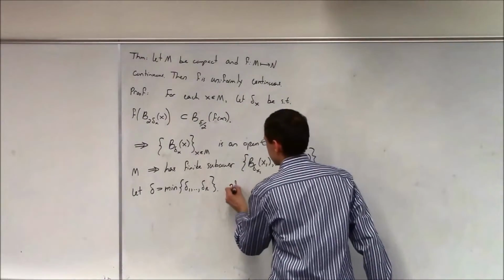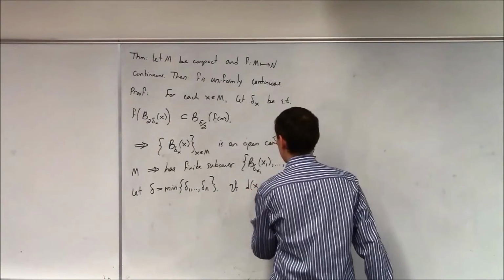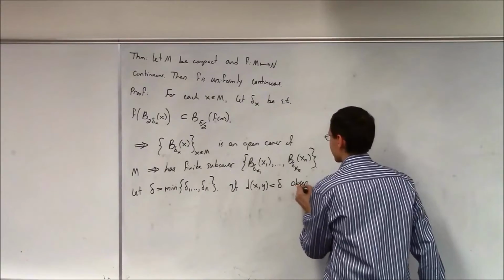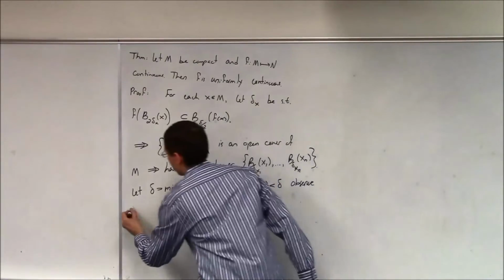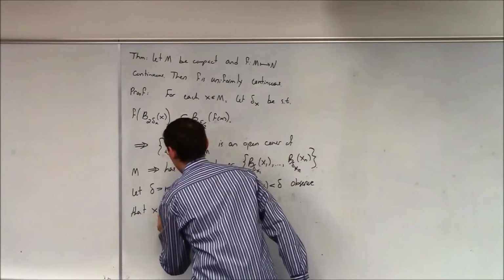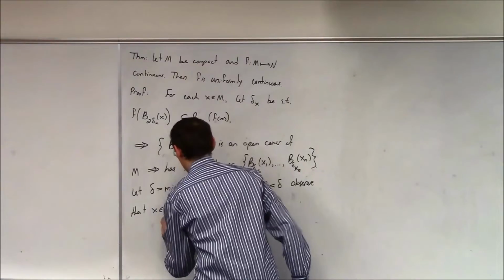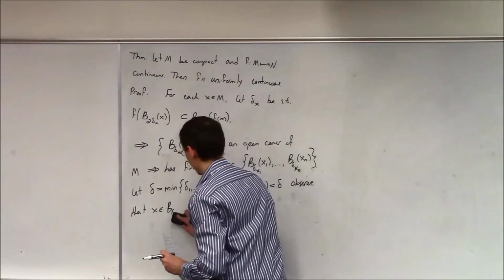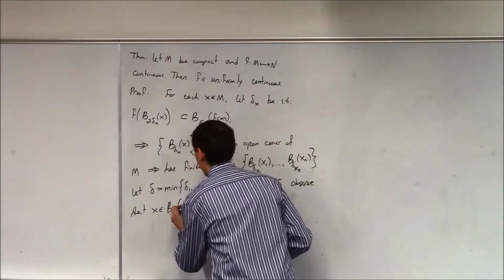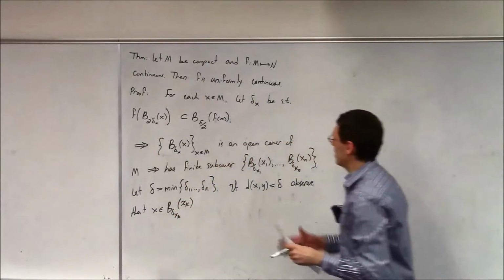If the distance between x and y is less than delta, observe that x has to be an element of, let's say, the ball of radius delta x sub k, for some k, correct?